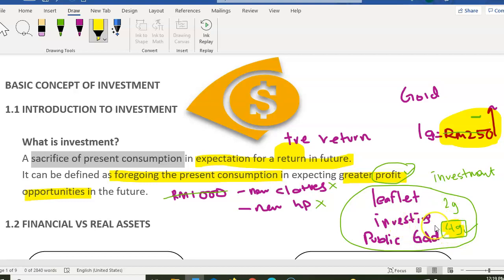Okay, so ini adalah salah satu simple example lah for investment itu sendiri.